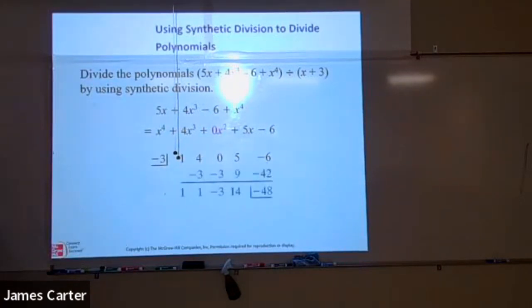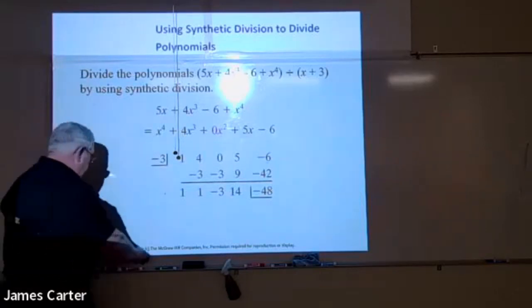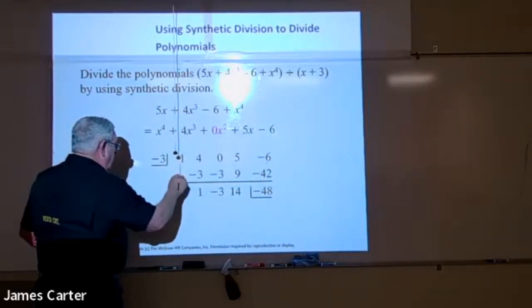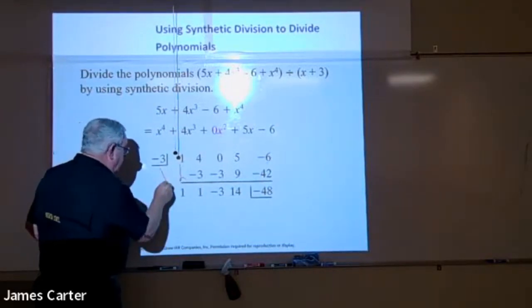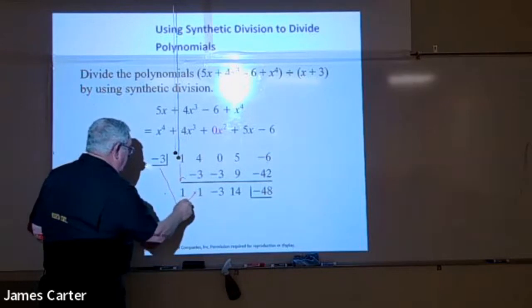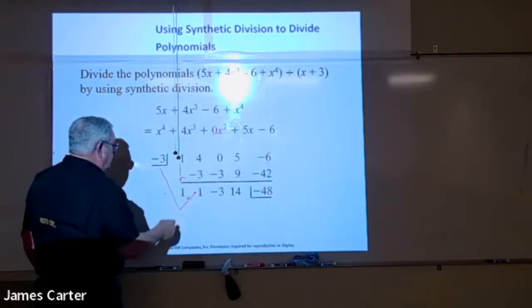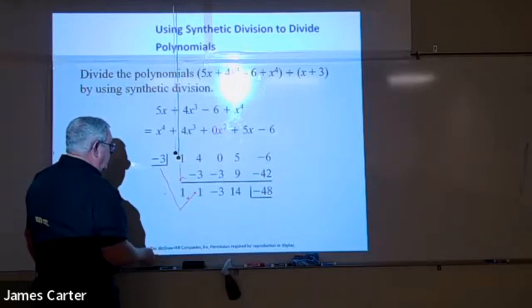So we bring down the first number. We take -3 times this 1 and we get -3. You want me to draw my arrows? Would that help any? Yes. Okay, so I bring this down. Then I take this times that, which gives me the -3.